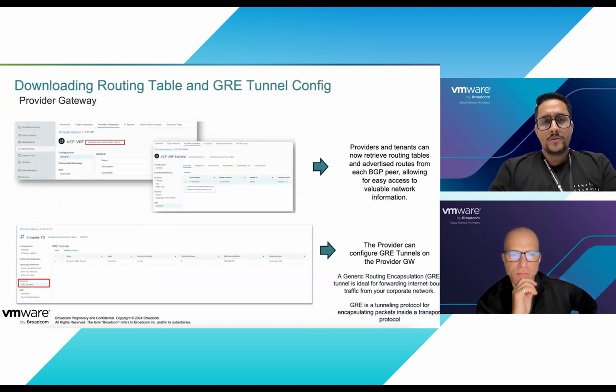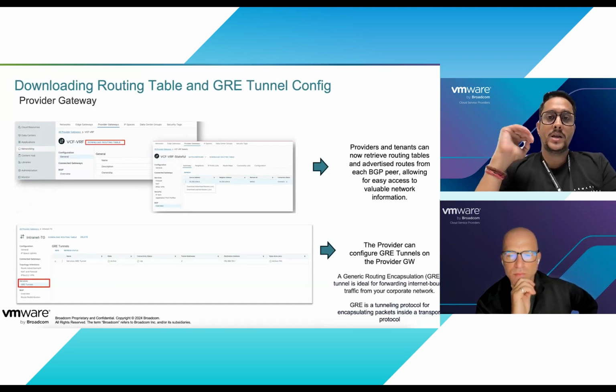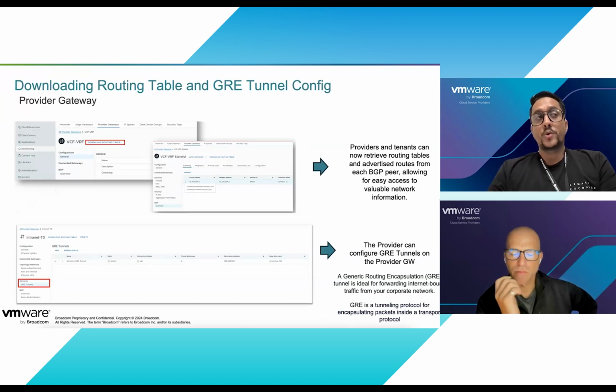And the other feature, introduced in this release, is that we can now download the routing table and configure the GRE tunnel. Previously we could not download any routing table from the VCD portal itself, but now we allow the providers and the tenants to retrieve the advertised routing tables.